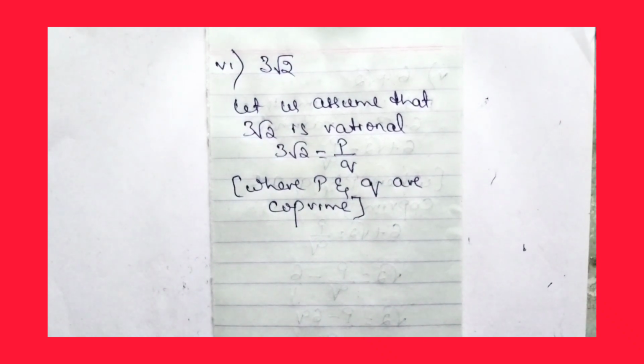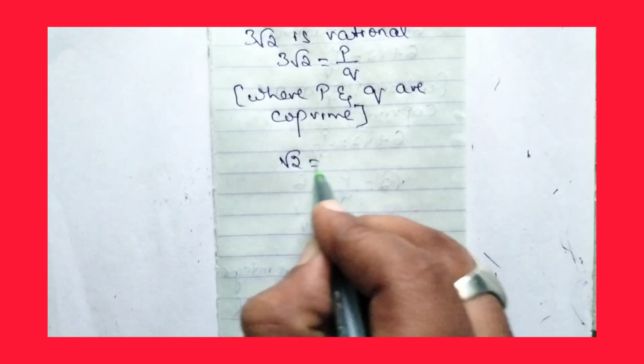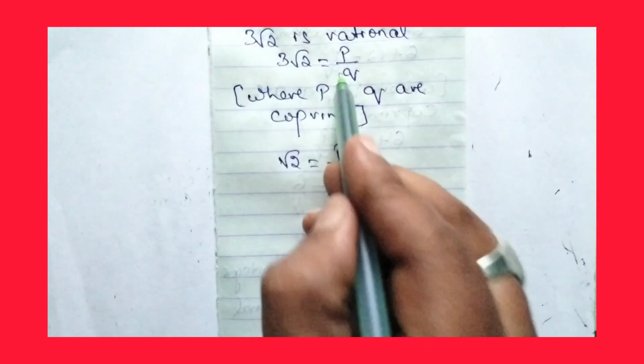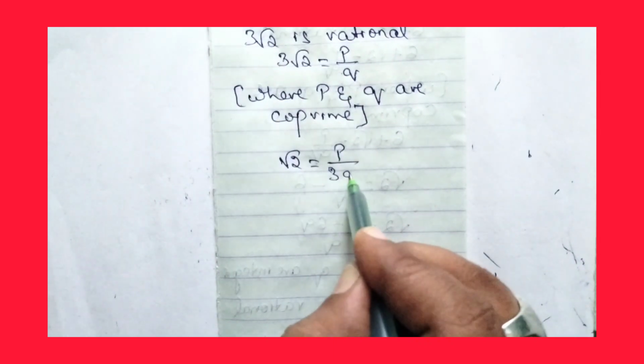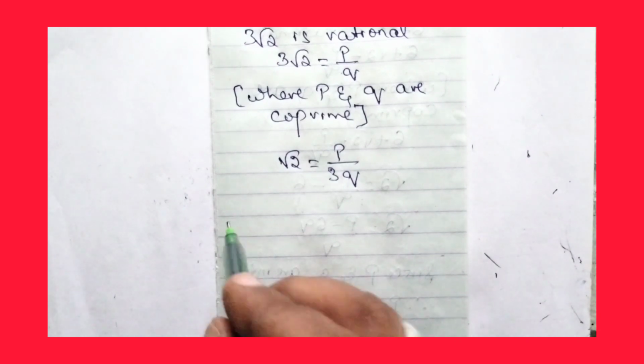Now let us rearrange it. Root 2 is equal to P by, you bring 3 to the denominator, P by 3Q.